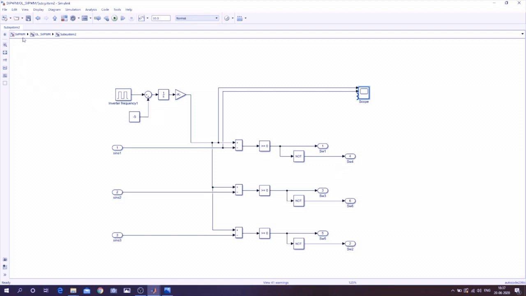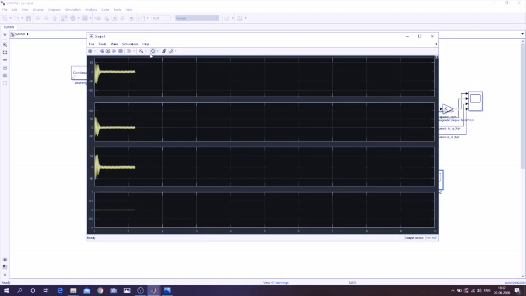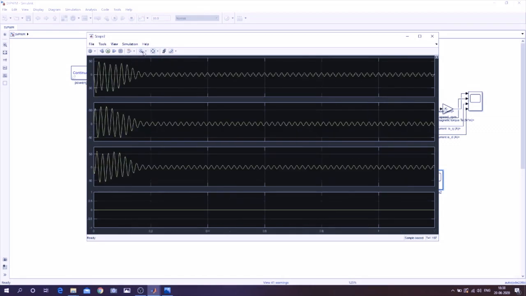Okay, now let us check the current waveforms of the motor. Let us check.